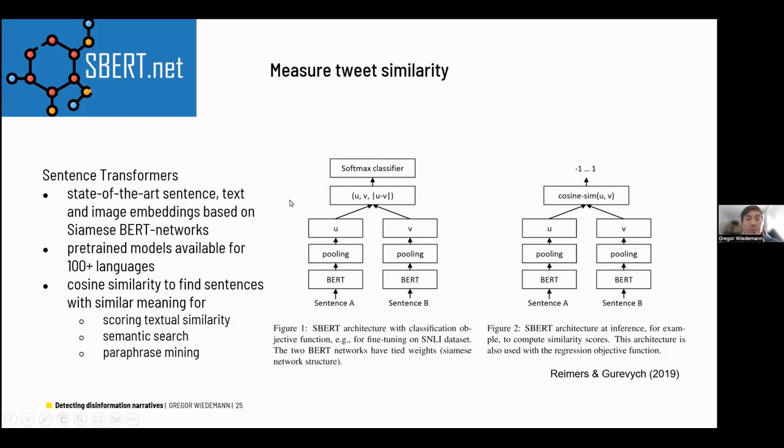So we have models and pre-trained models of sentence BERT available for more than 100 languages, and we can actually put in pairs of sentences or pairs of texts like two tweets and compute a similarity metric based on the resulting embeddings.